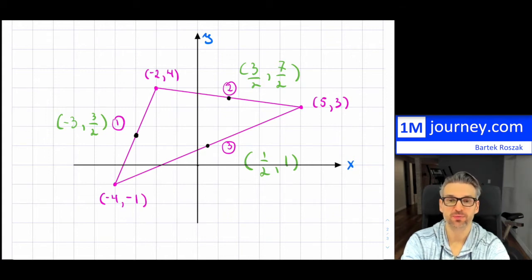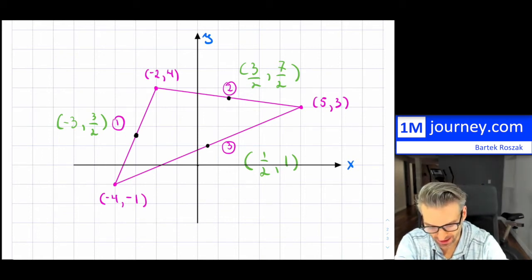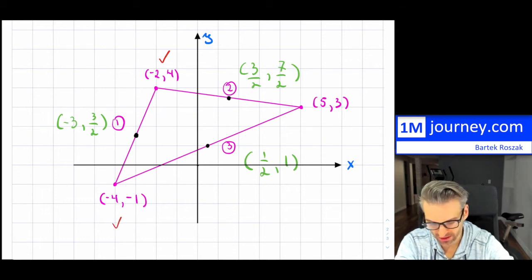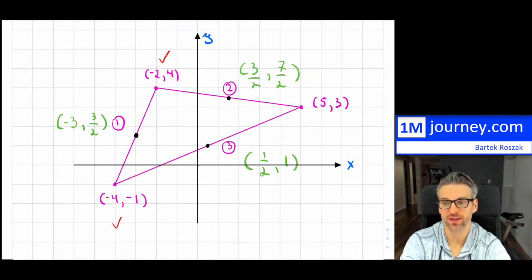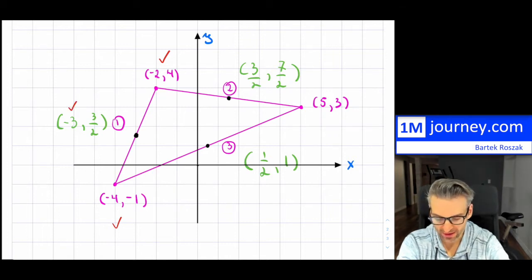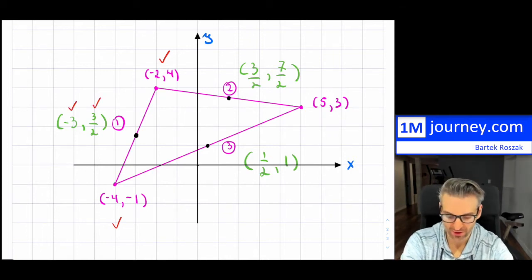Finding the midpoint is pretty simple: you just add the 2 points. For example, I can add this point plus this point and divide it by 2. Notice the x value, which is -2, and then -4, which gives you -6. Divide that by 2, you get -3. You can do that to the y value as well, and you'll find your midpoint. I have done that for every single line segment, so I've found the actual midpoints.